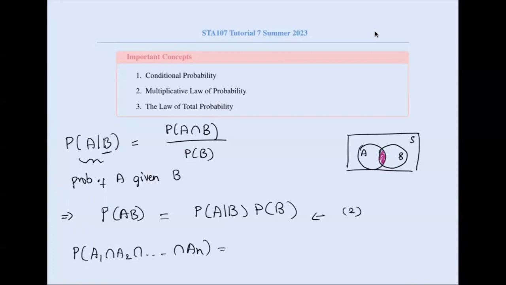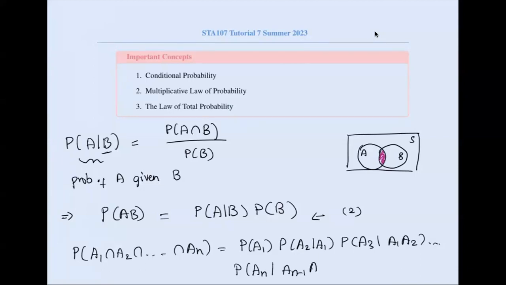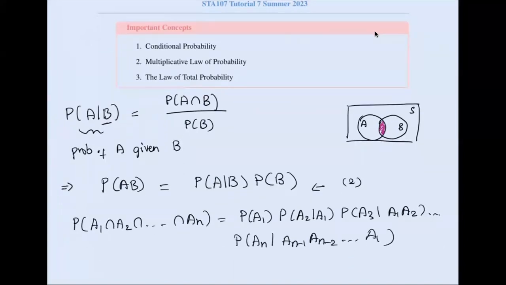Then you can write the probability of the intersection as probability of A1 multiplied with probability of A2 given A1, and then A3 given A1 and A2, up until probability of AN given AN minus 1, AN minus 2 up to A1. This generalizes the multiplicative law for as many events as you want.